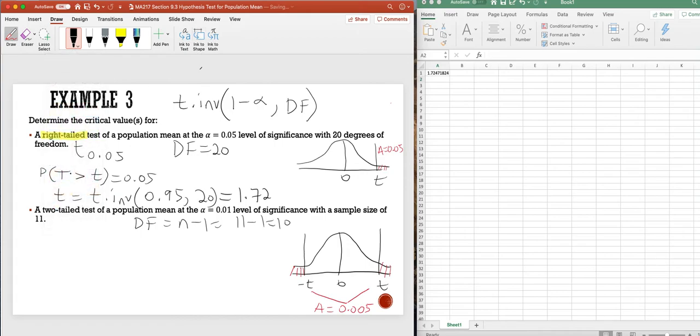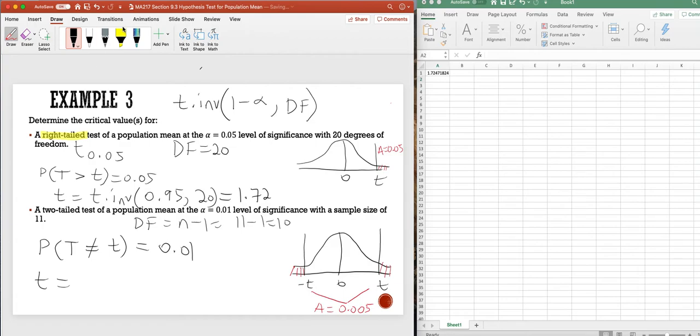So for this, we want the probability that we have a t-value that's not equal to some little t is equal to 0.01, as we have on here, what these two add up to be. To find the value for t, this one uses a slightly different variation.